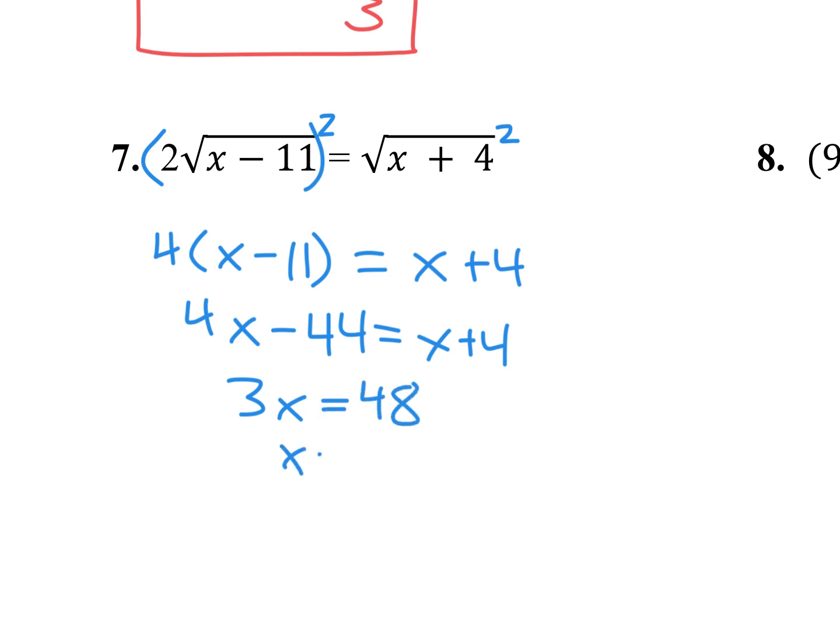All right, so we end up with x equals 16. Let's plug in our answer. So if I plug in 16 there, I get 2 radical 5 on the left. And if I plug in 16 here, I get radical 20, which is also 2 radical 5. So this answer works.